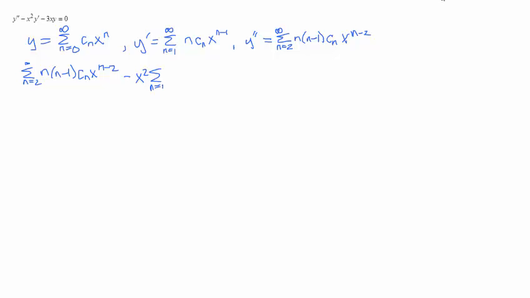Be really careful with all the little details, the subscripts, the exponents. Get everything written down exactly right, because it'll mess everything up if you don't. Alright, and then the next term, we're going to have minus 3x times our series for y. And that whole thing is equal to 0.